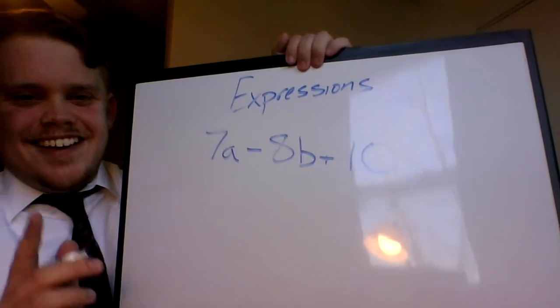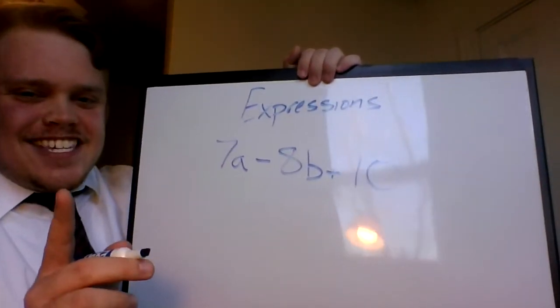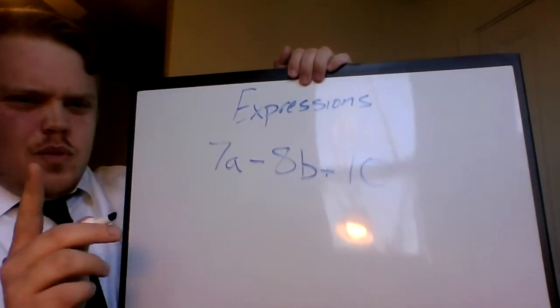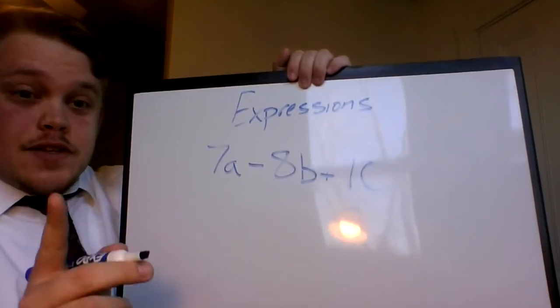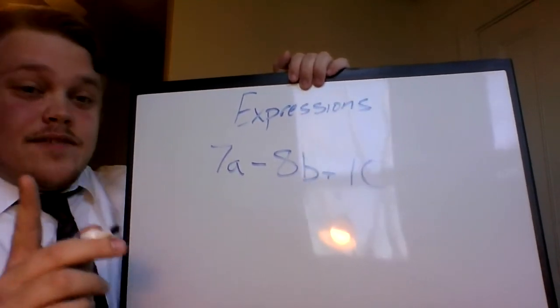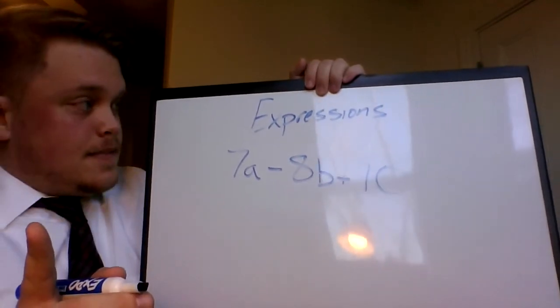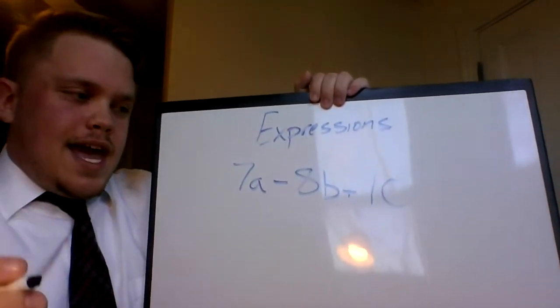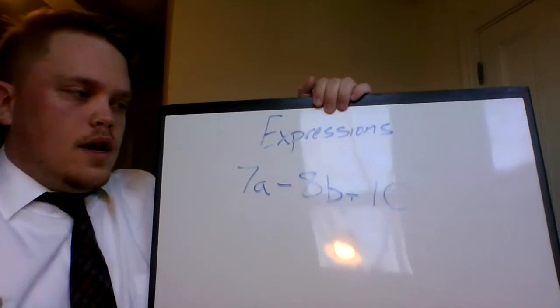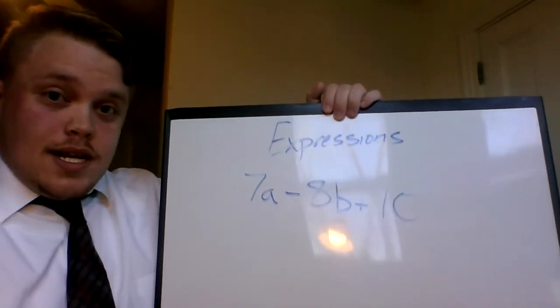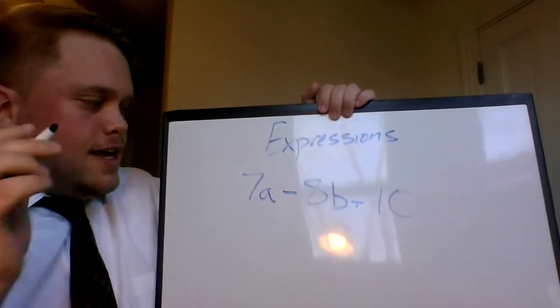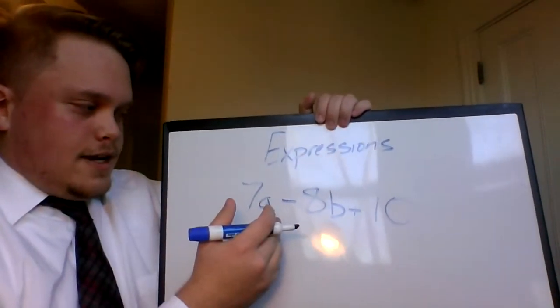Ooh, this one's a little tricky, isn't it? We haven't seen one like this before. But you know what? That's okay. Because I've got some good news for you guys. It is okay to have more than one variable and one coefficient in an expression. Okay?